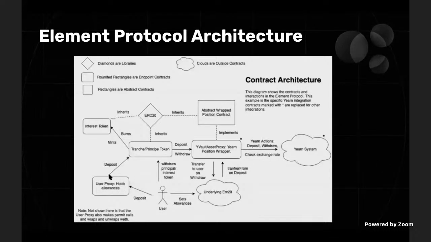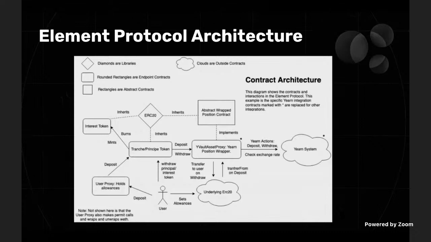The primary point of interaction for a standard user will be this user proxy, a component specifically designed to hold ERC20 allowances securely, with specific security protocols in place, so that if you are developing a smart contract or a front end, you can feel comfortable putting an unlimited allowance on this because it's specifically designed for it.